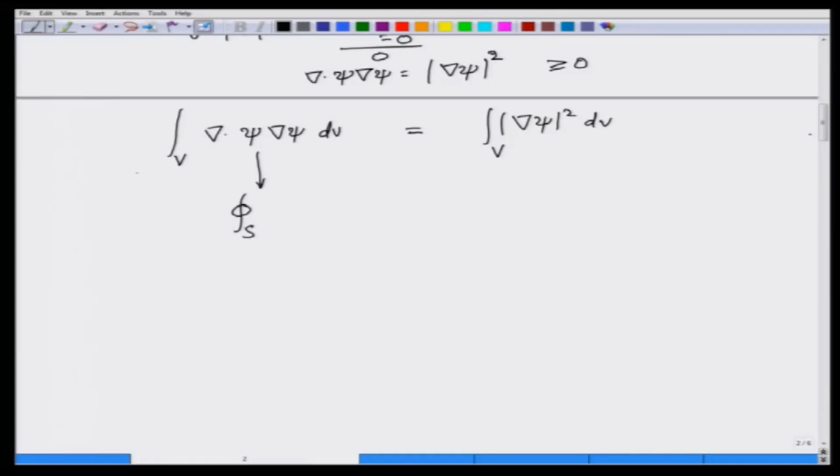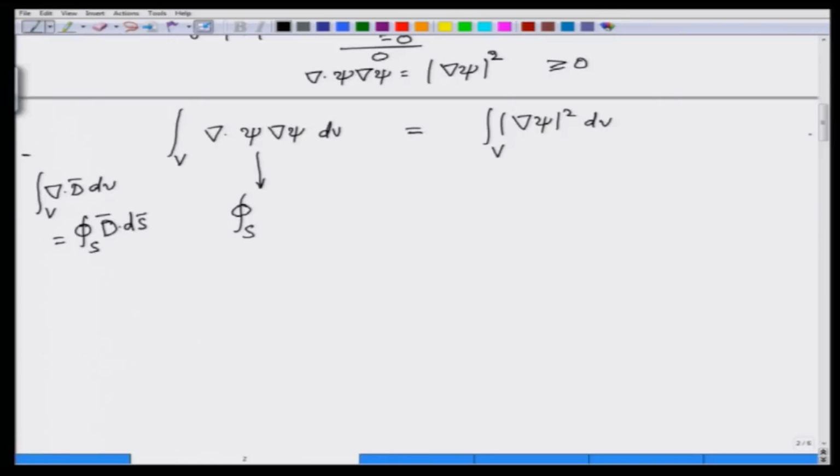If you are unsure about this, recall how we used this relation for developing the point form of Gauss's law. You had del dot D dV integrated over the volume. This was equal to the charge enclosed in that volume, but this quantity del dot D dV could be replaced by the surface integral of the flux density.